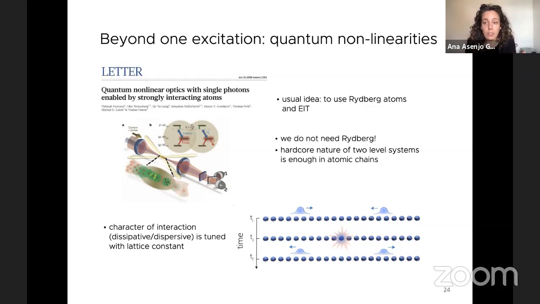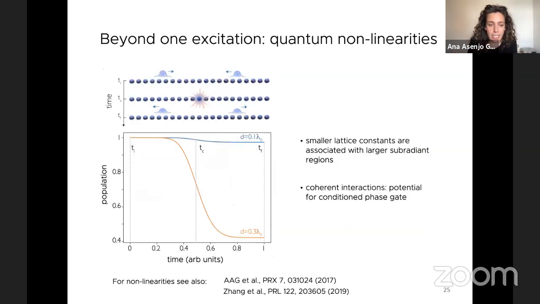Then this is the physics of atomic photon collisions in these atomic arrays. And as I'm going to discuss in a next slide, these are tunable. Imagine that you have 2 spin waves that are crossing each other. What may happen depends on the distance between the atoms.